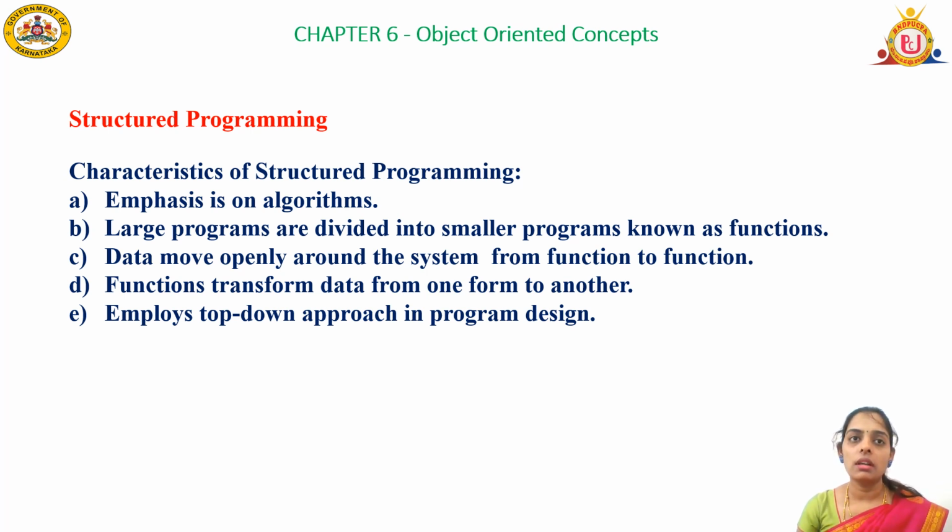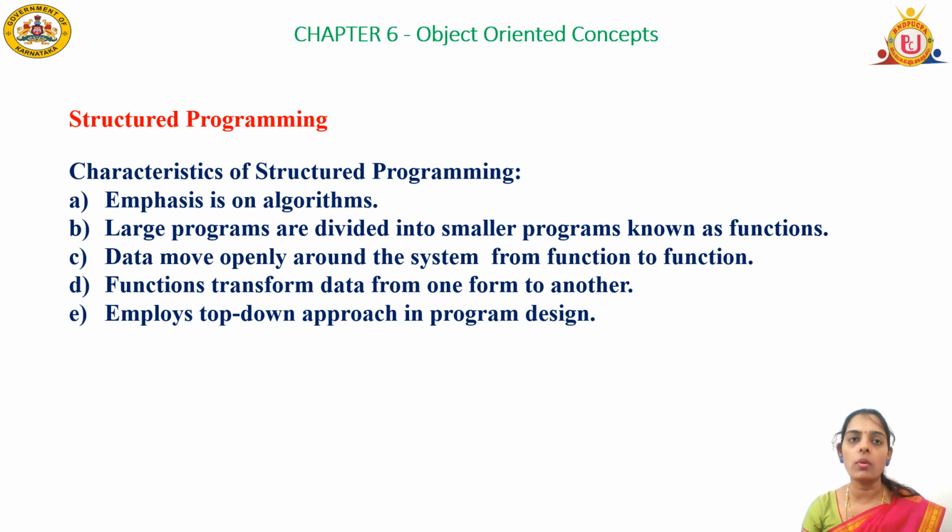Next point is data moves openly around the system from one function to another. There is no kind of security provided for any data here. That is the reason it can move openly around the system. Next one is functions transform the data from one form to another.